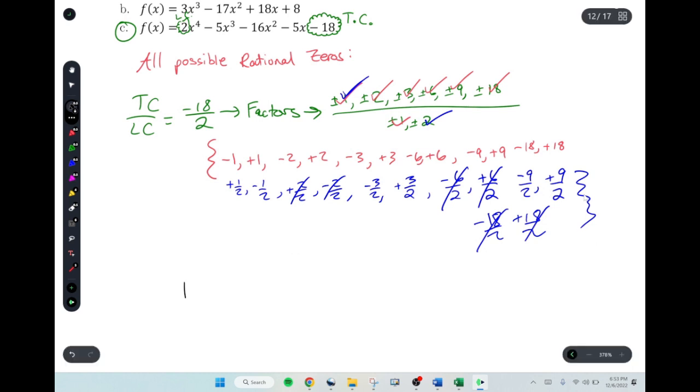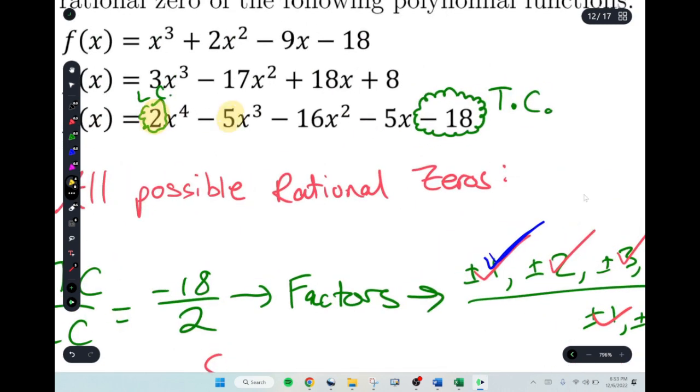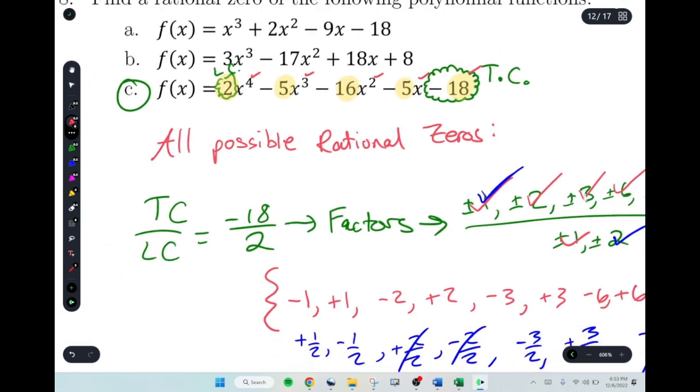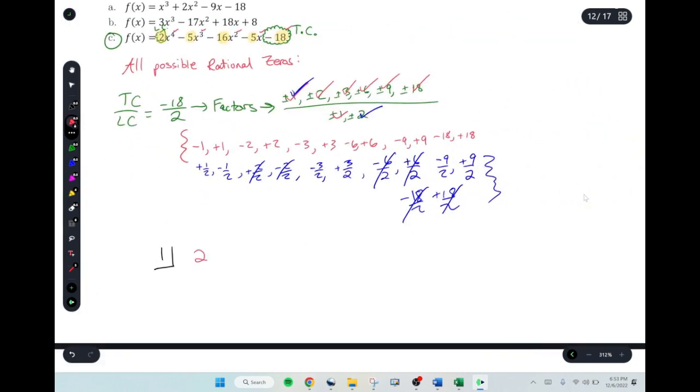So we write 1 on the outside, backwards L, and we take the coefficients of 2, 5, 16, 5, and 18. Was anything skipped? 4, 3, 2, 1, 0. No skips. That's good. So then down here, we're just going to go 1 outside of 2. Negative 5. Negative 16. Negative 5. Negative 18.